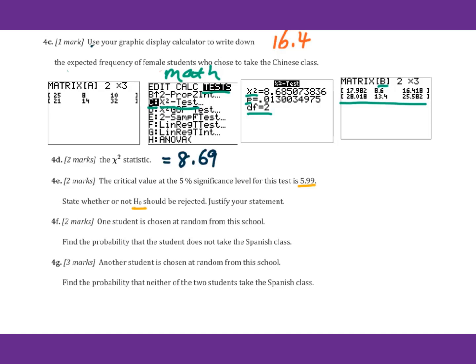Here's the way how to remember if it's reject or not. Suppose this is a critical value and the chi-square value will be on the horizontal x-axis. This area we call the rejection region.